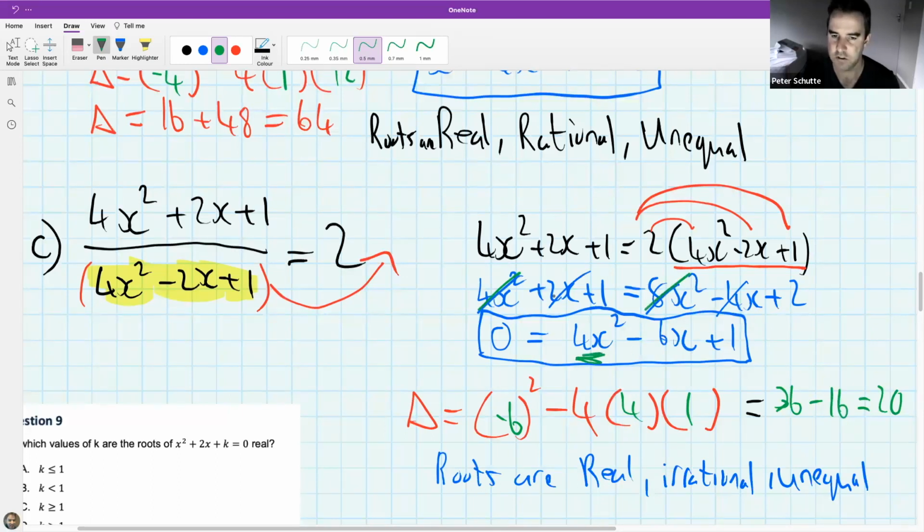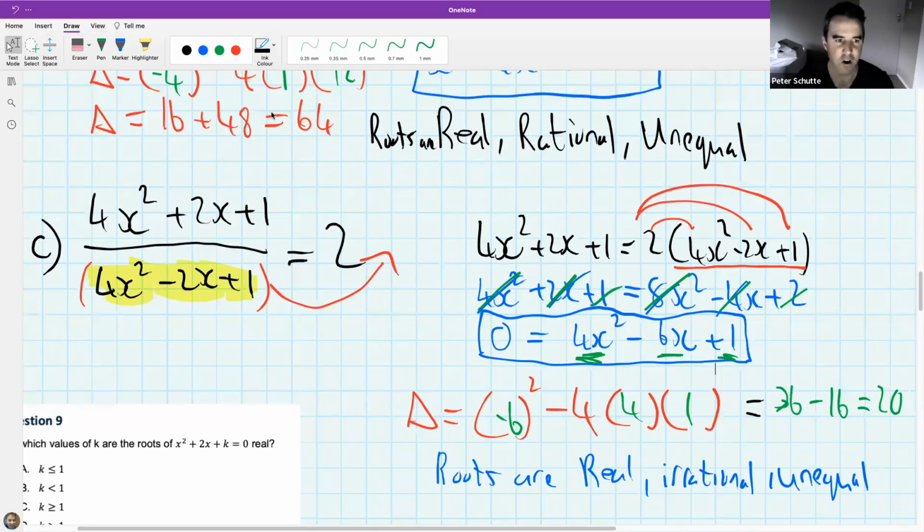And then the 2x on this side comes across with this, and I get minus 6x. And then 1 on this side comes across, becomes minus, and then 2, and I get this. So roots are real, irrational, and unequal. And I just wanted to get it all on one side. Okay, so I hope that was helpful there.